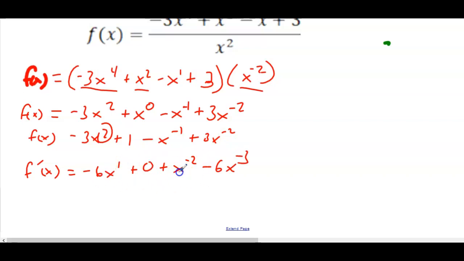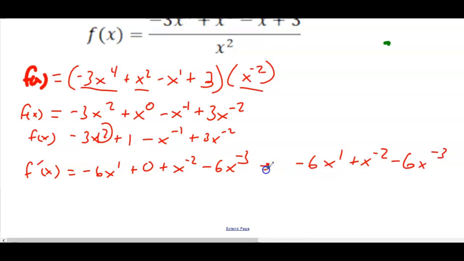Alright, and now we just need to fix a couple things, and we will be alright. Let's condense this. Negative 6x to the first, plus x to the negative second, minus 6x to the negative third.